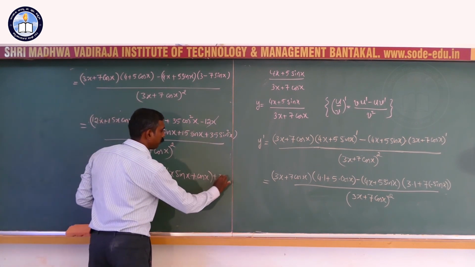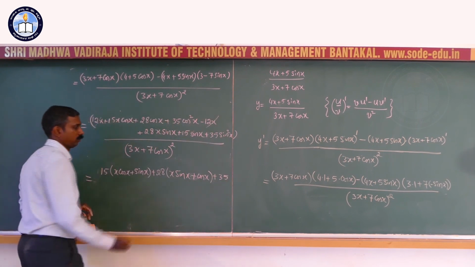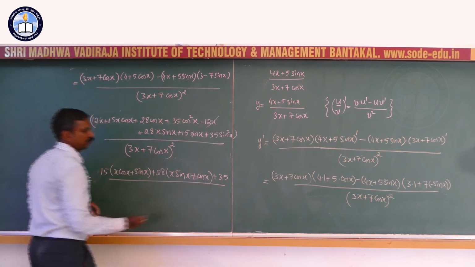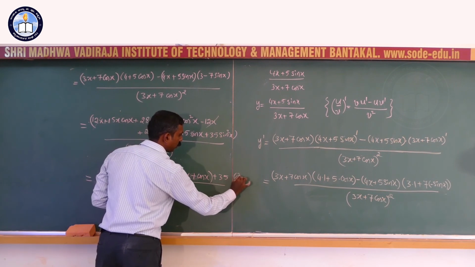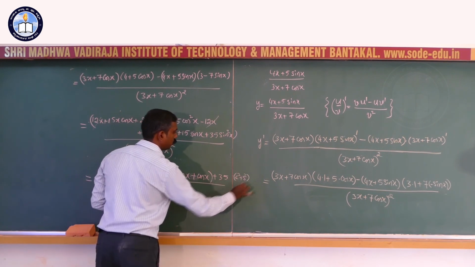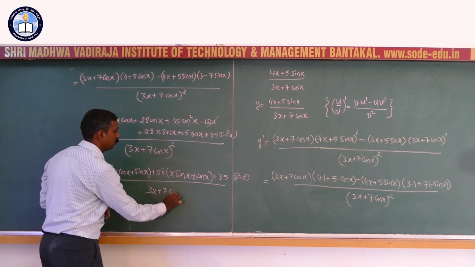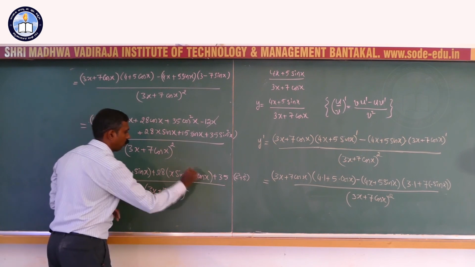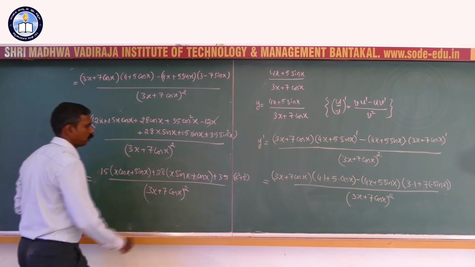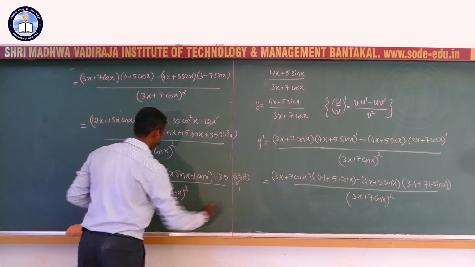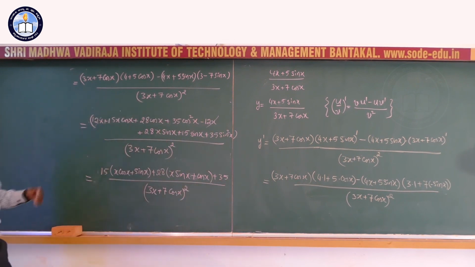When you take 35 outside, cos square x plus sin square x is equal to 1, so I will not write that. It is not necessary to write that one, so let us leave it.